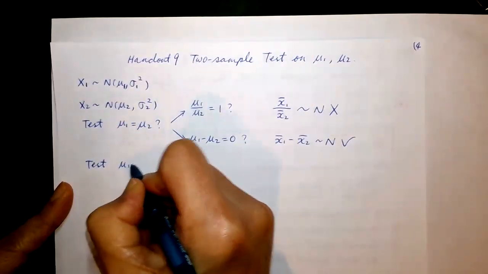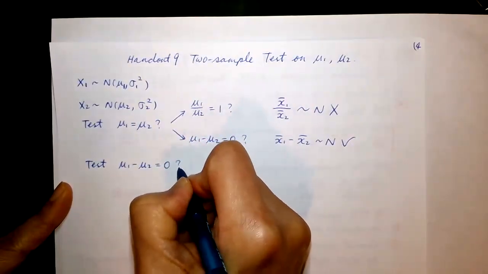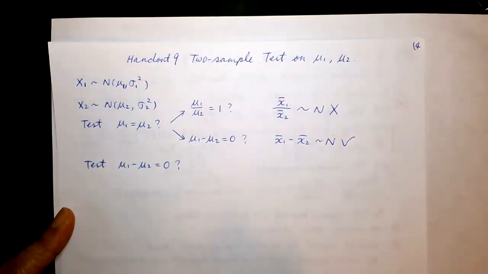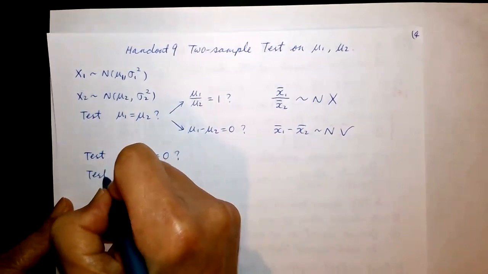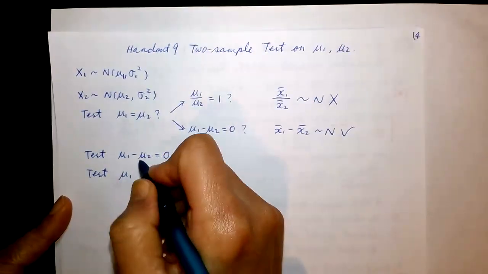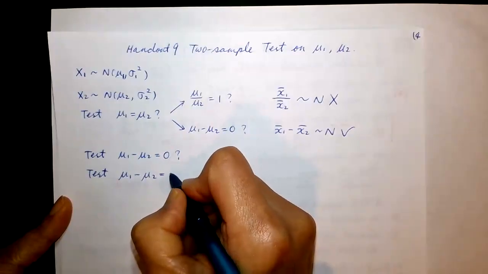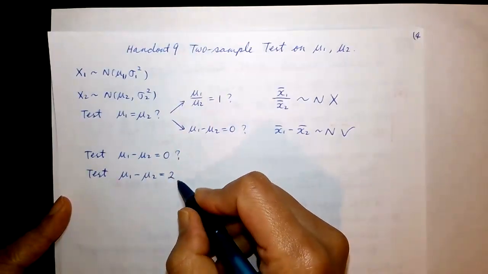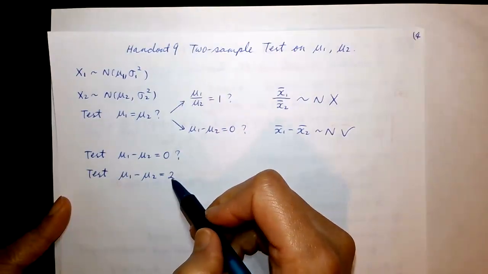Okay, I made an argument to say why it is a good idea to test the difference rather than the ratio. This is already a big step. Alternatively, for example, I want to test the claim that on average, boys are taller than girls by 2 centimeters.